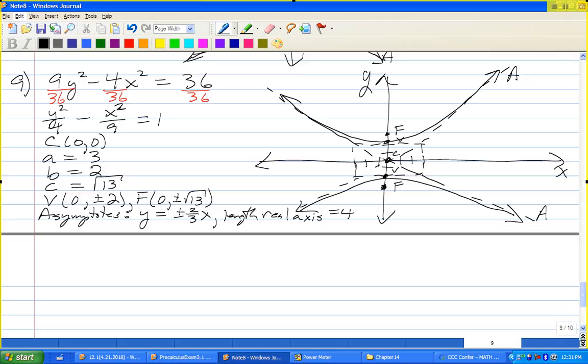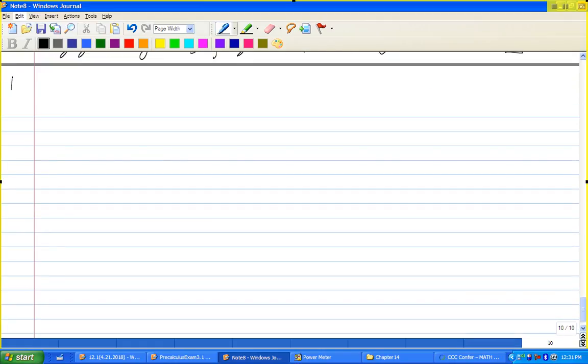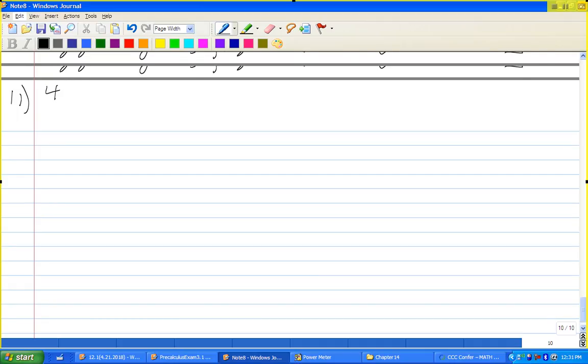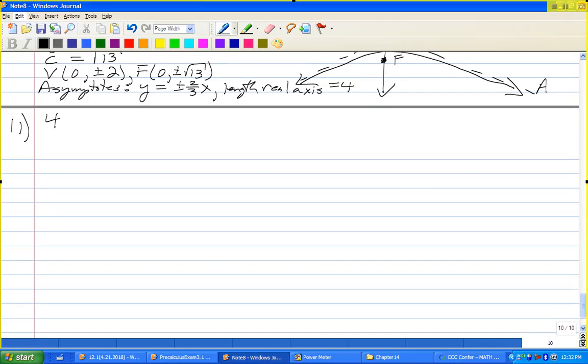Okay. 11. 4x squared. No, I see it's the same as that. Okay. 4x squared, 9y squared equals 36.